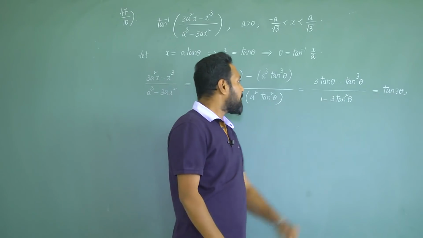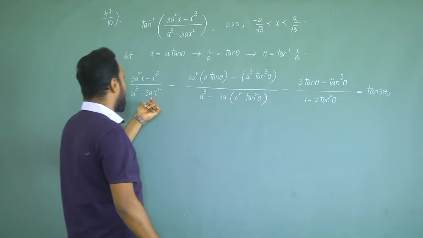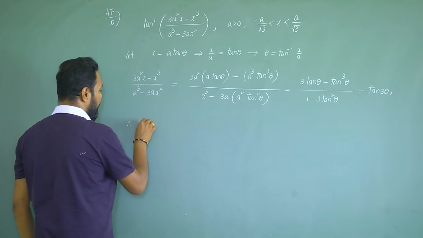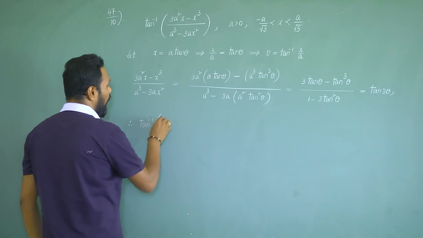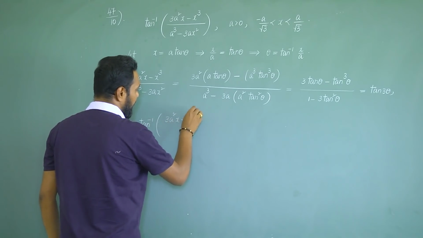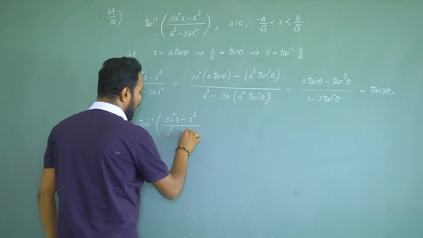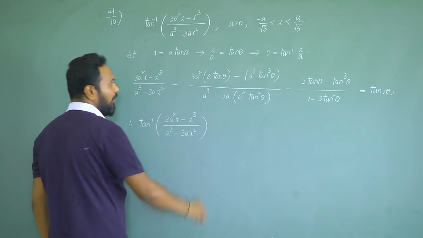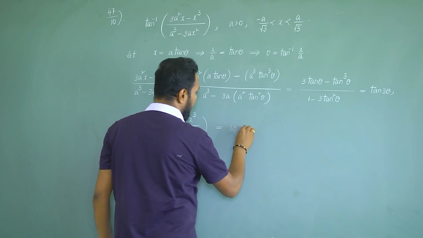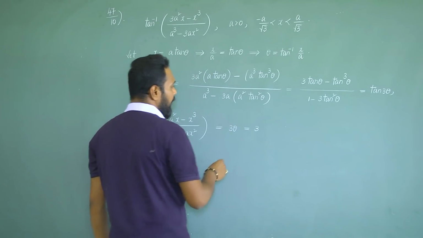Now, if you take this tan function to the left hand side, then you will get the given problem tan inverse of (3a square x minus x cube) divided by (a cube minus 3a x square) equals 3 theta.